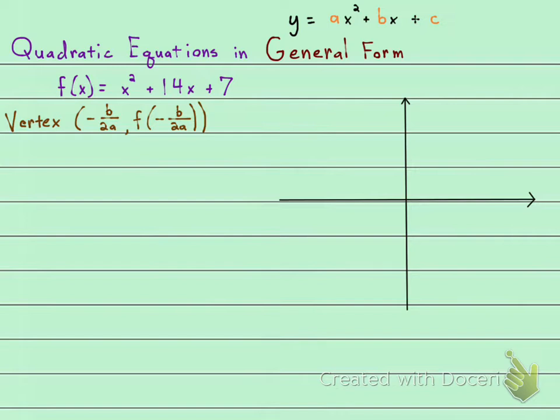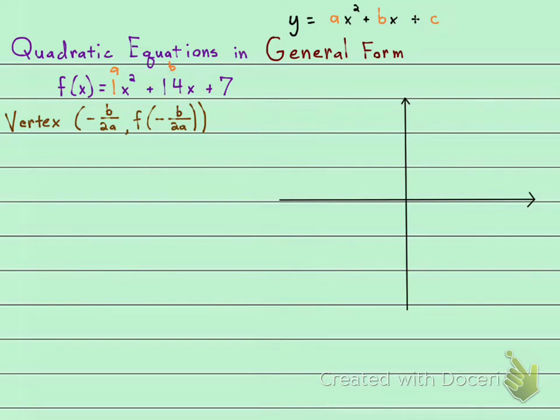So let's start there. A, B, and C we get from the coefficients. All right, you see here A, B, and C. So A is going to be the first coefficient, which is 1. B is the second coefficient, which is 14.